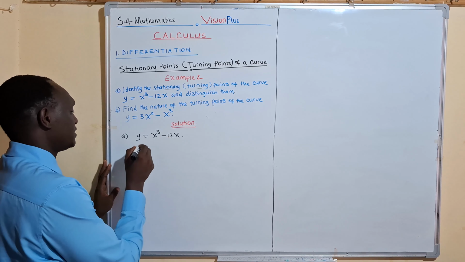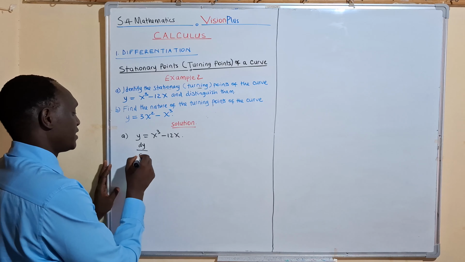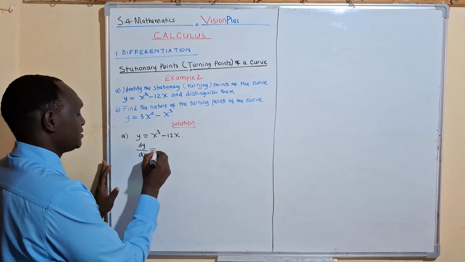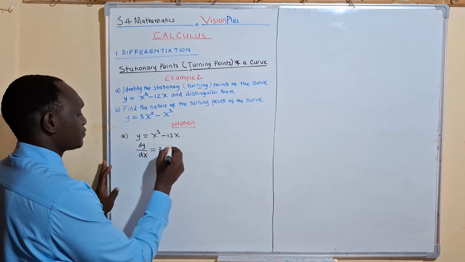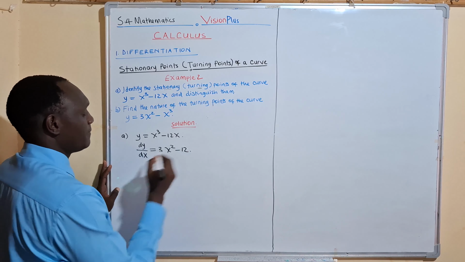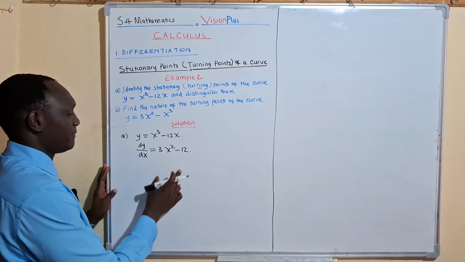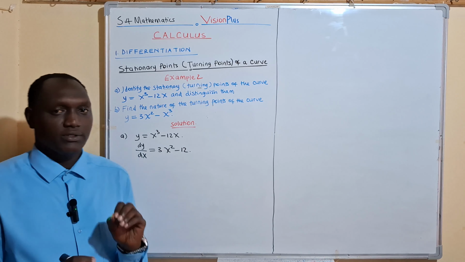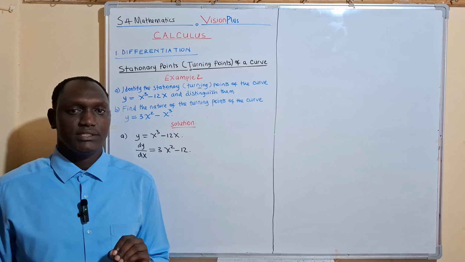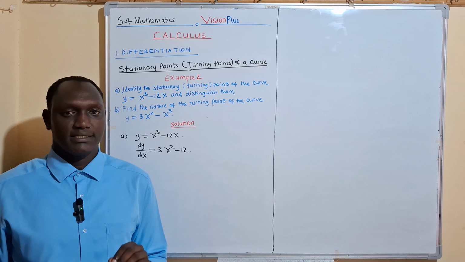Therefore, we differentiate the equation of the curve, giving us dy dx becomes 3x squared minus 12. This is the gradient function of the curve. What do we know? We know that at any turning point on a curve, dy dx is 0.